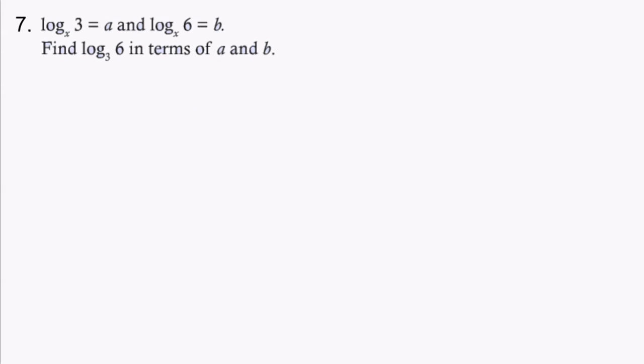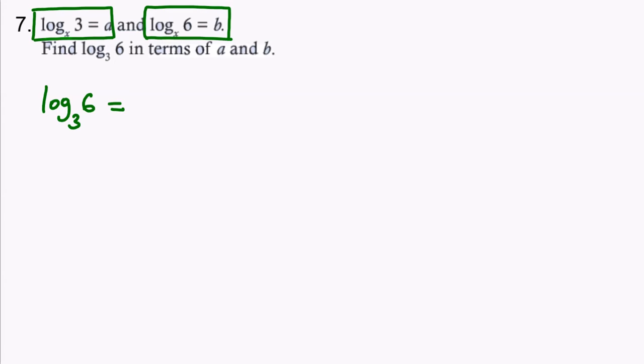Here is another question involving change of base. Log to base x of 3 is equal to a, and log to base x of 6 is b. So you are given those conditions. Find log to base 3 of 6 in terms of a and b. I'm going to change it because I'm given a and b in terms of log base x.